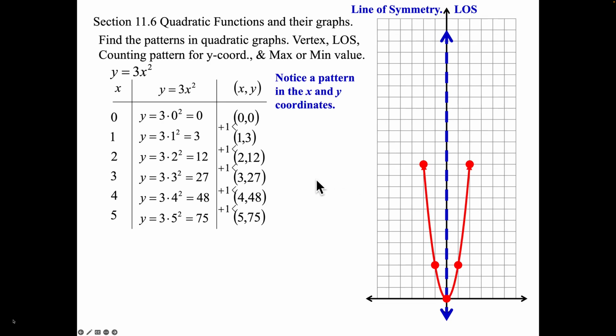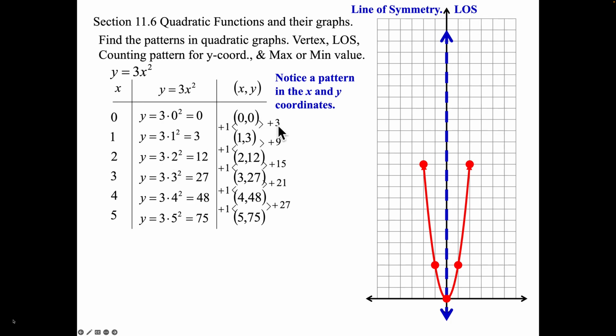Now, looking at our patterns, again, ones haven't changed for the x's. But now my y's increased by 3, increased by 9, increased by 15, increased by 21, increased by 27, and you lied to me. Where's my 1, 3, 5, 7, 9 pattern? I did not lie. It's here.